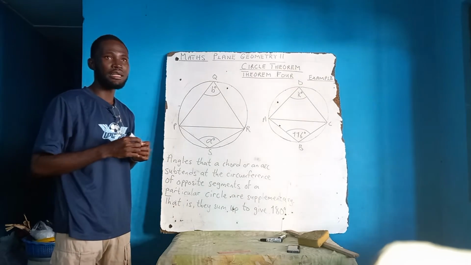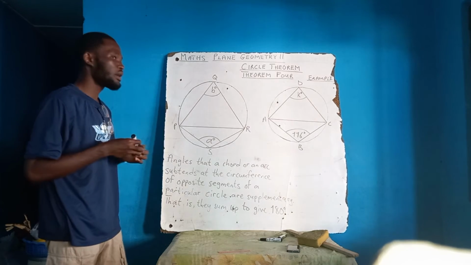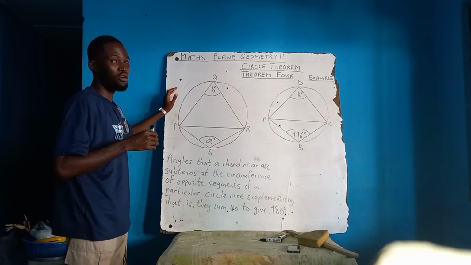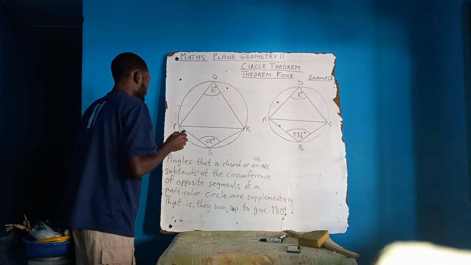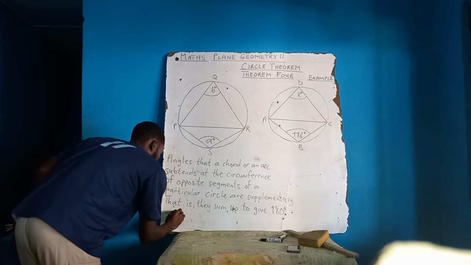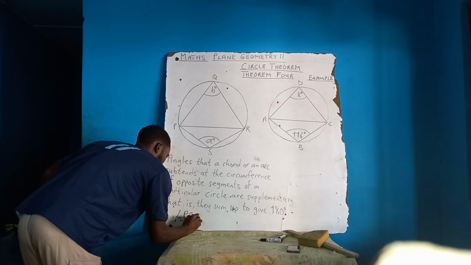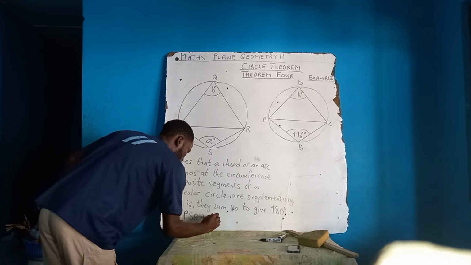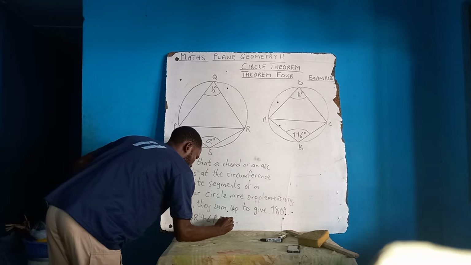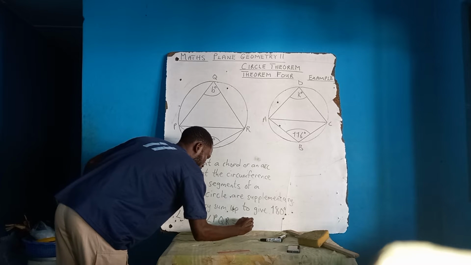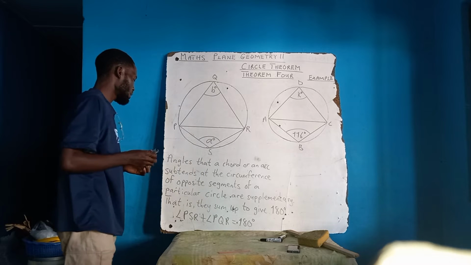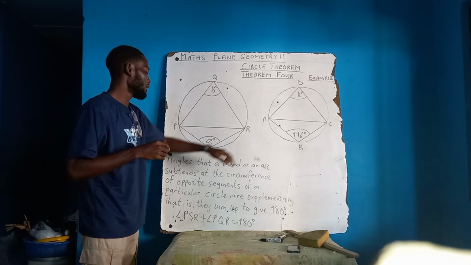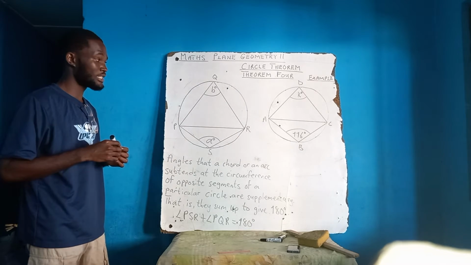So obeying our Theorem 4, angle PSR plus angle PQR is equal to 180 degrees. Angle PSR and angle PQR sum to give us 180 degrees.